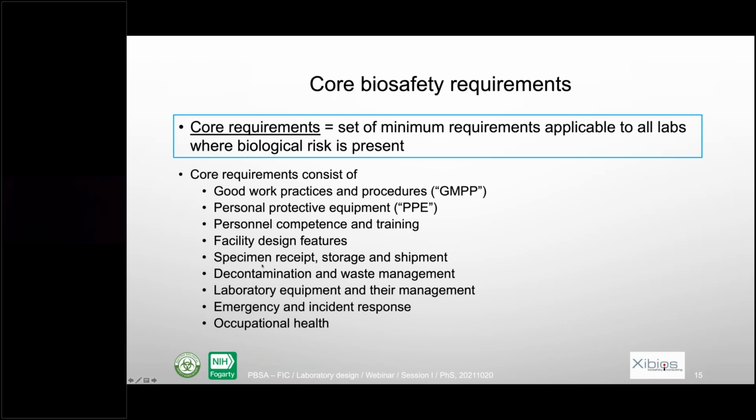Then facility design, and also some specific aspects like the receipt, storage, and shipment of specimens, the transport of specimens. Then also all aspects of decontamination and also waste management. Then the laboratory equipment and their management, which is in close relation with laboratory design. Also emergency and incident response and the preparedness for that, and occupational health.